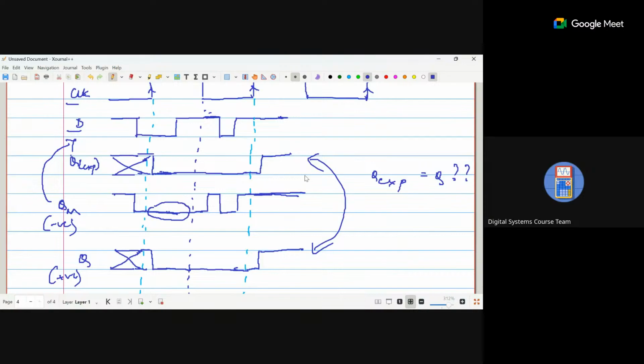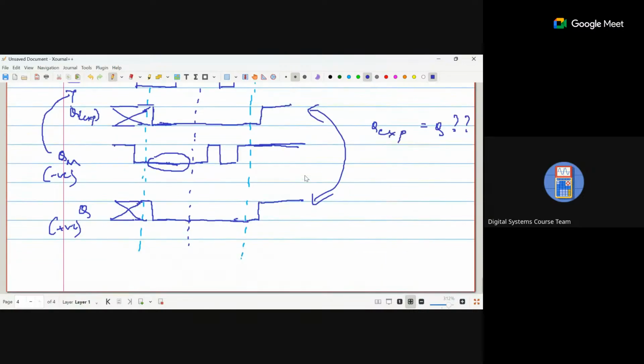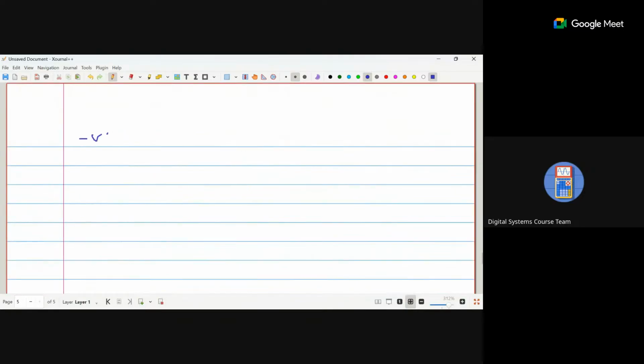So now what did we do? For positive trigger, our master was the negative latch and the slave was the positive latch. Now if I want a negative edge triggered flip flop, then what will be the master?